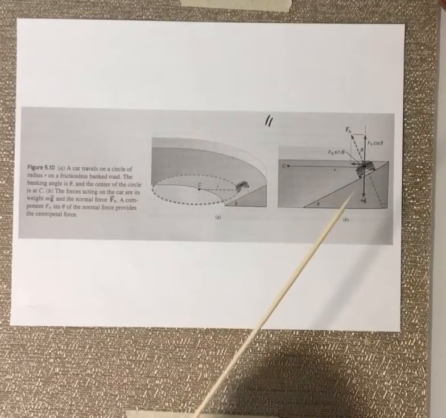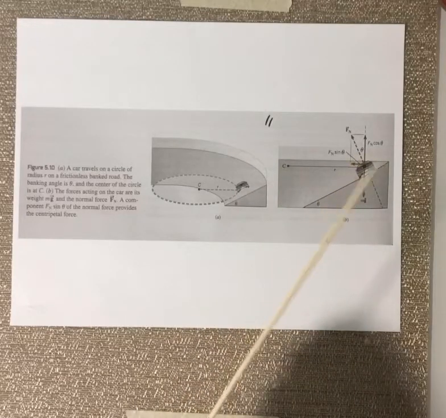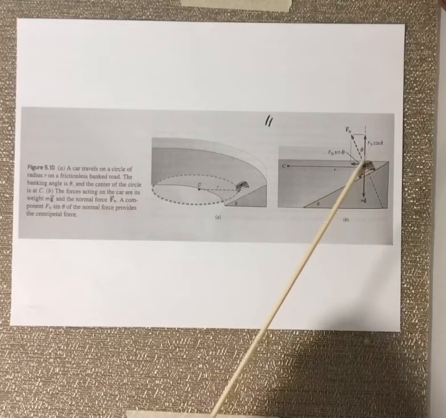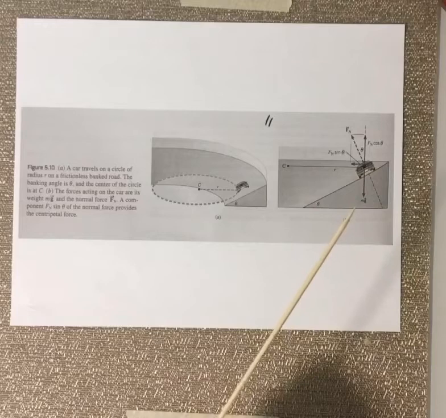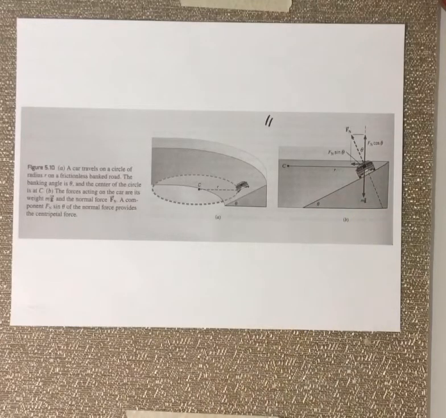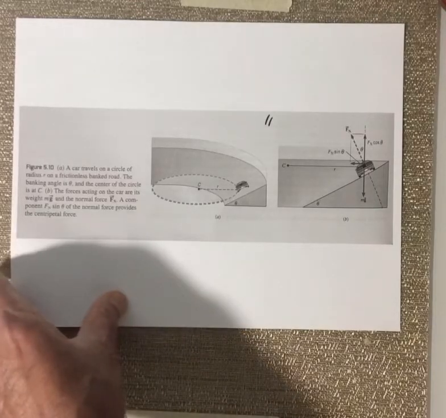We resolve that to Fn cosine theta and Fn sine theta, so that Fn cosine theta is your weight. That's what we put in the equation to get that final tangent theta.